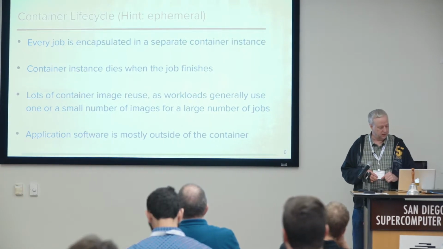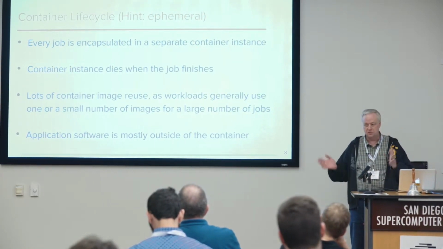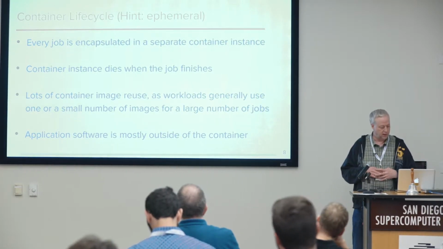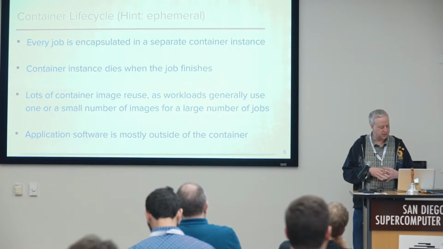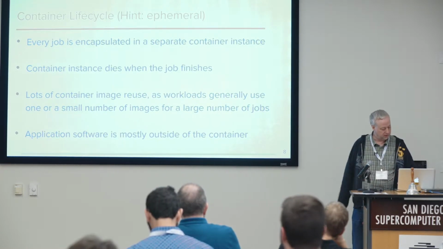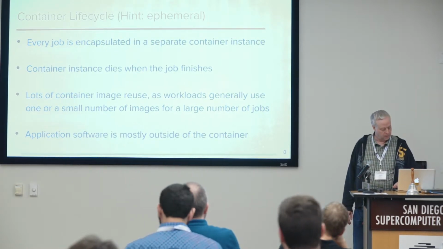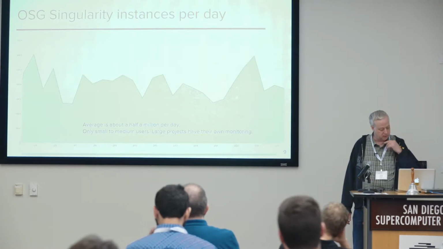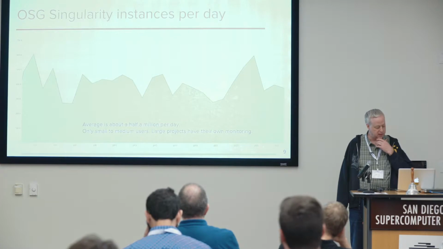To talk about the container life cycle, they're all relatively short. They last a few hours and then they're gone. Each job gets a separate container instance, which is gone when the job finishes. Again, application software is mostly outside of the container. Here's a plot of the Singularity instances per day.